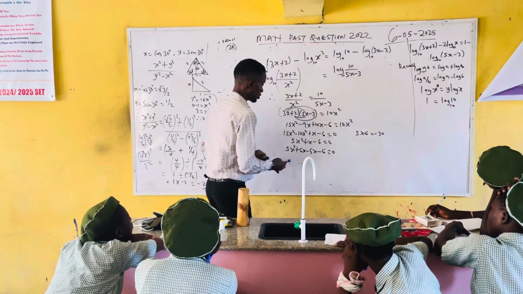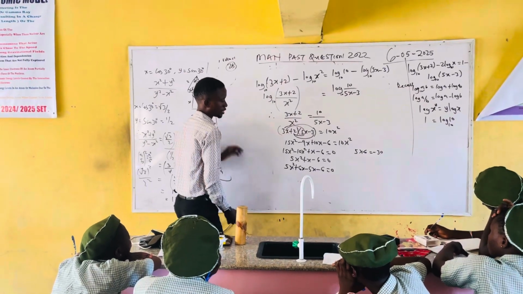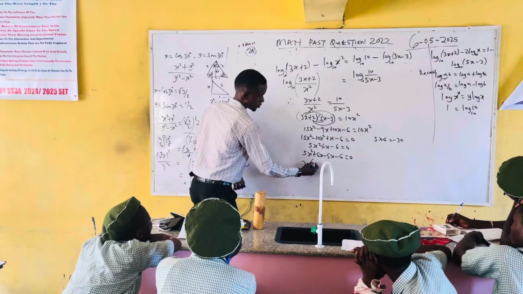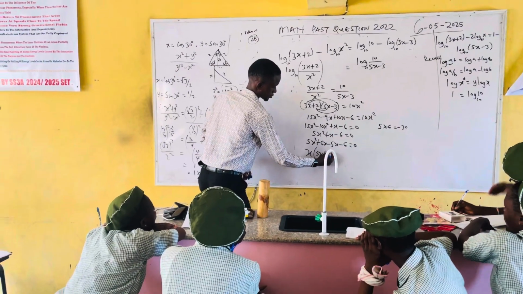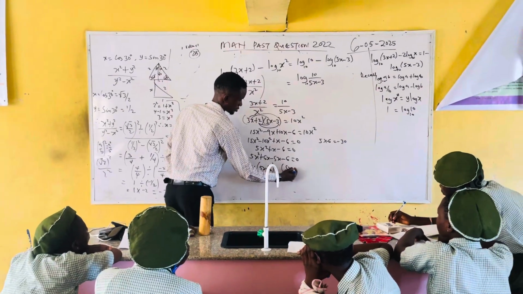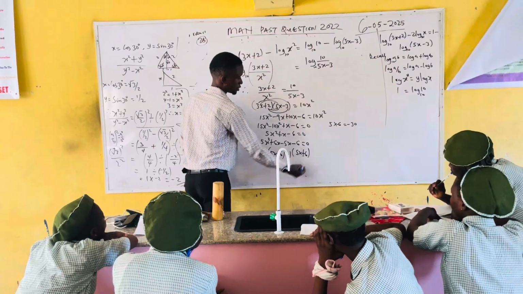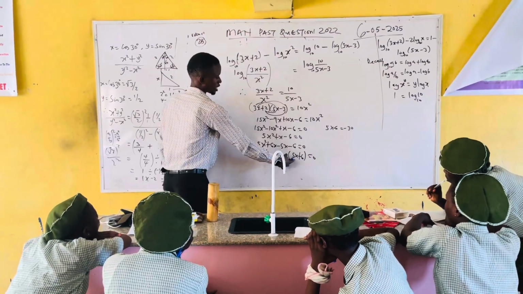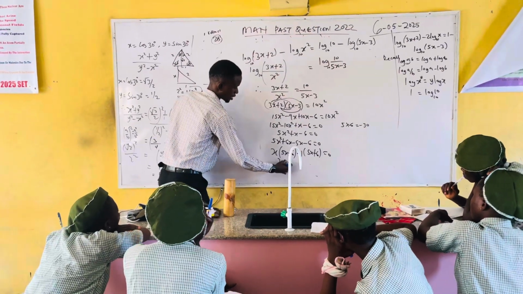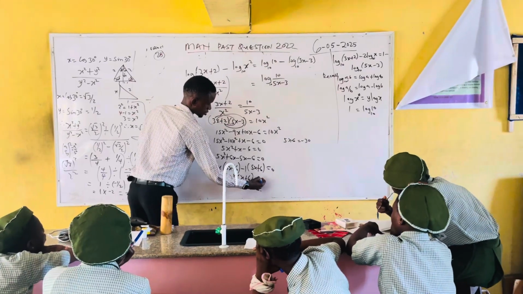Now let's solve. How do we get the factors here? What can you factorize? x. That will be x(5x plus 6). Then you can factor minus 1: minus 1 times 5x is minus 5x, minus 1 times 6 is minus 6. So we have (x minus 1)(5x plus 6) equals 0.